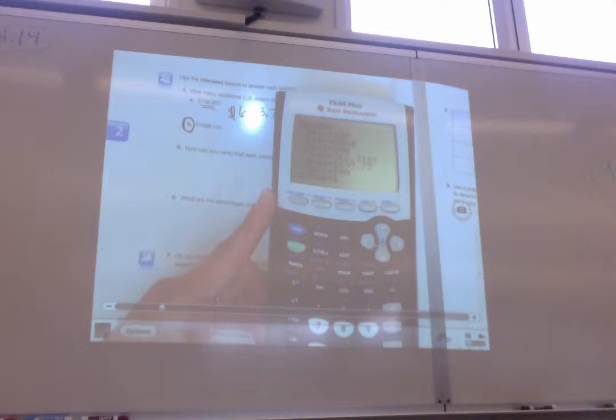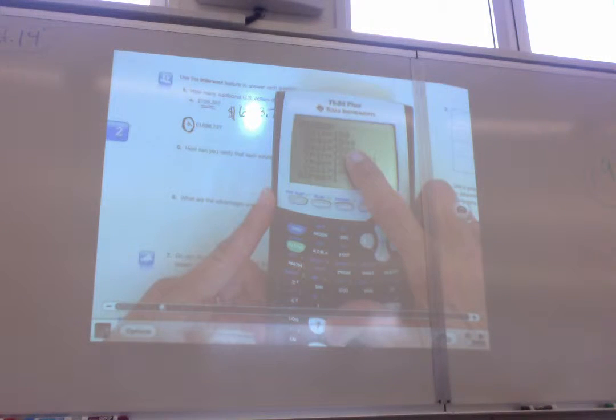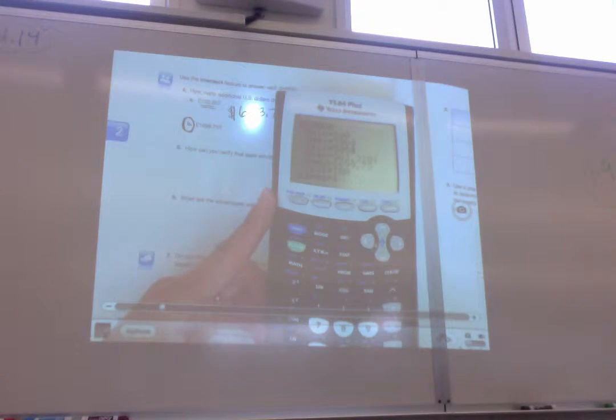Let's change the X scale to 500s. I went back to the window because I couldn't see where it intersected. I'm changing X max to 3,000 and the scale to 500s. If I'm going from 100 to 3,000, let's try that.